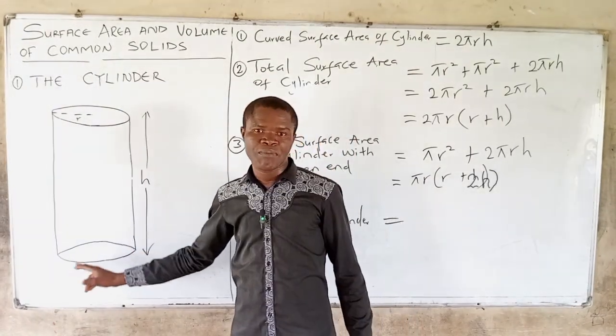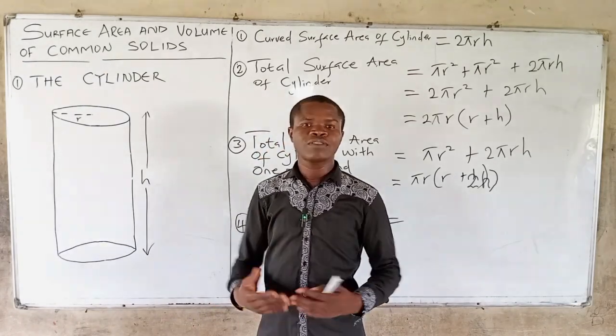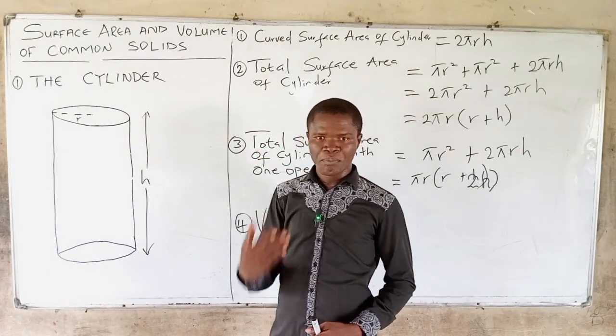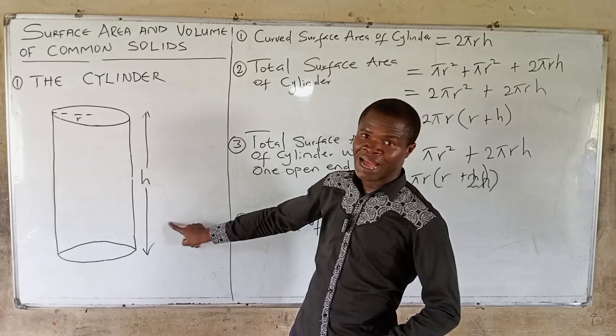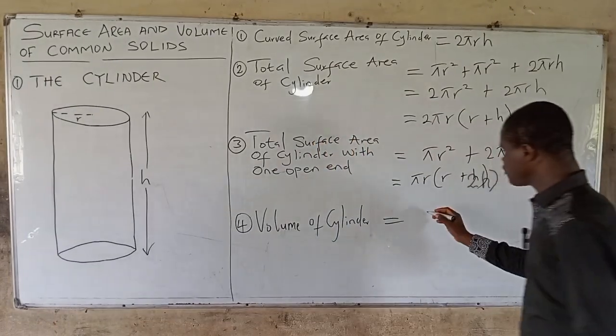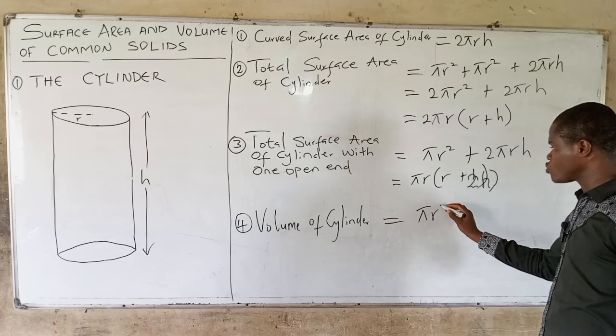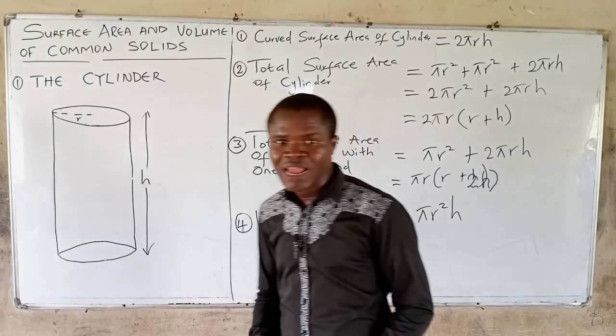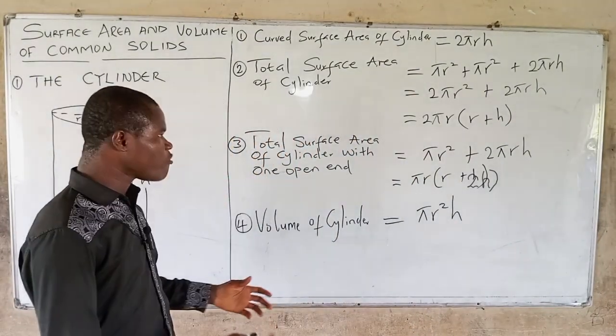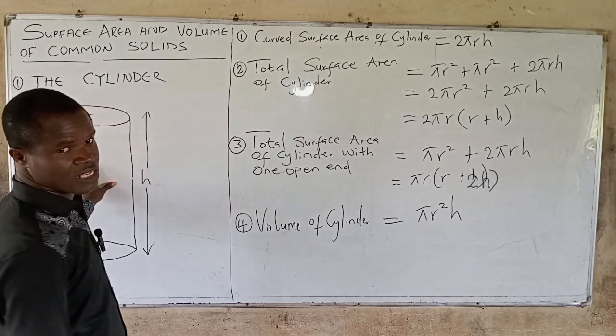And what shape is the base? Circle. And what is the formula for area of a circle? Pi r square. Then we are going to multiply that by the height, which is h. So the volume is given as pi r square h. So these are the 4 formulas you need to solve problems around a cylinder.